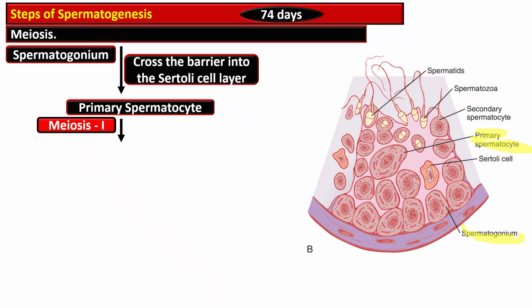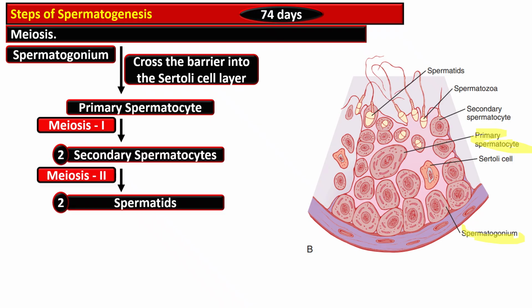Then each primary spermatocyte that contains 46 chromosomes is divided into two secondary spermatocytes, each having 23 chromosomes.